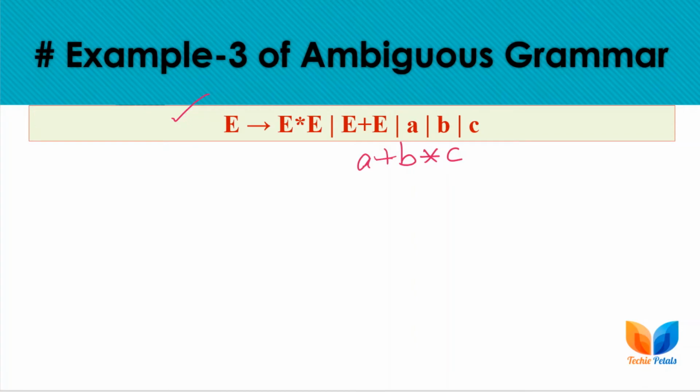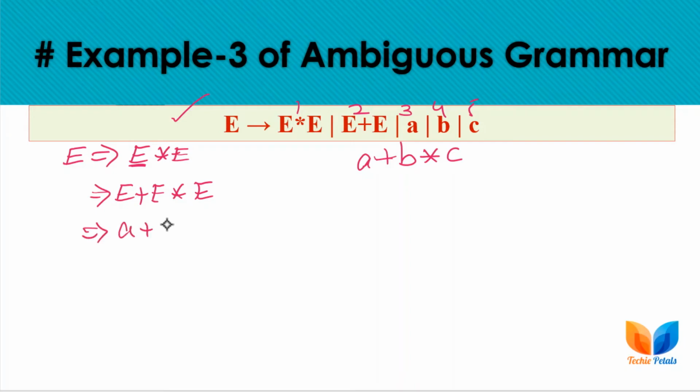If we start with the first production rule, e into e, and next replacing the leftmost nonterminal with a plus, e plus e into e, further we replace these with terminals: a plus b into c. So this will be the resulting string.